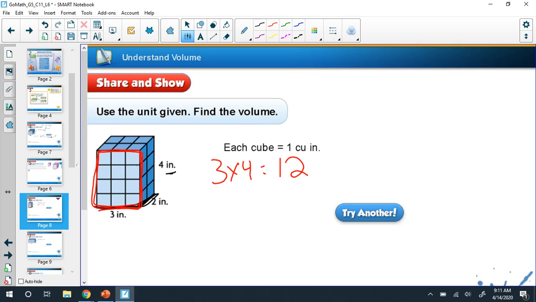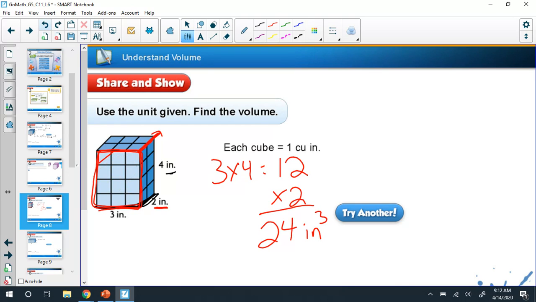But then we'd have to add in that third dimension, and we would have to think about from front to back. And we see here that it's 2 units deep. So we would just multiply our 12 times 2, and that would mean that this rectangular prism is 24 cubic inches. So that's if we did it using the front here as our base.